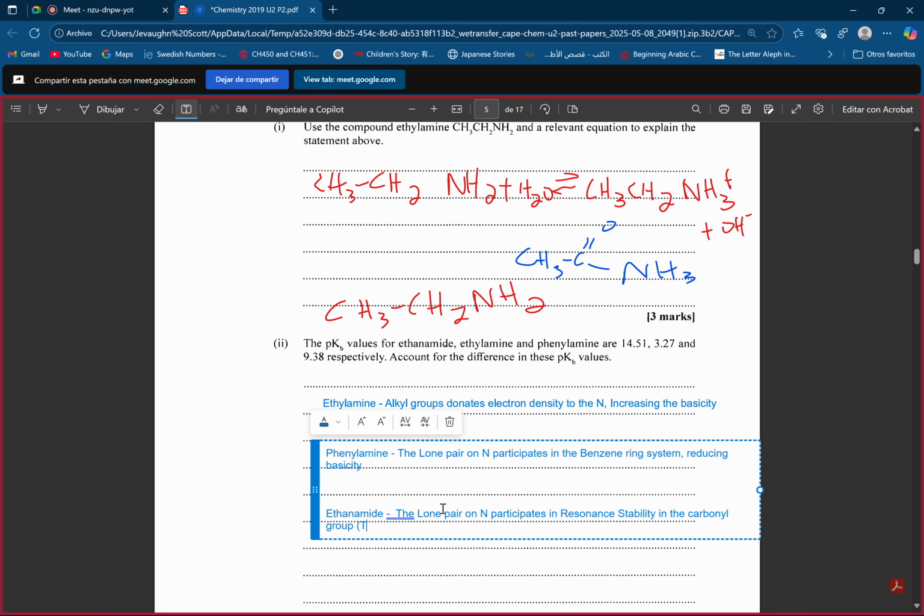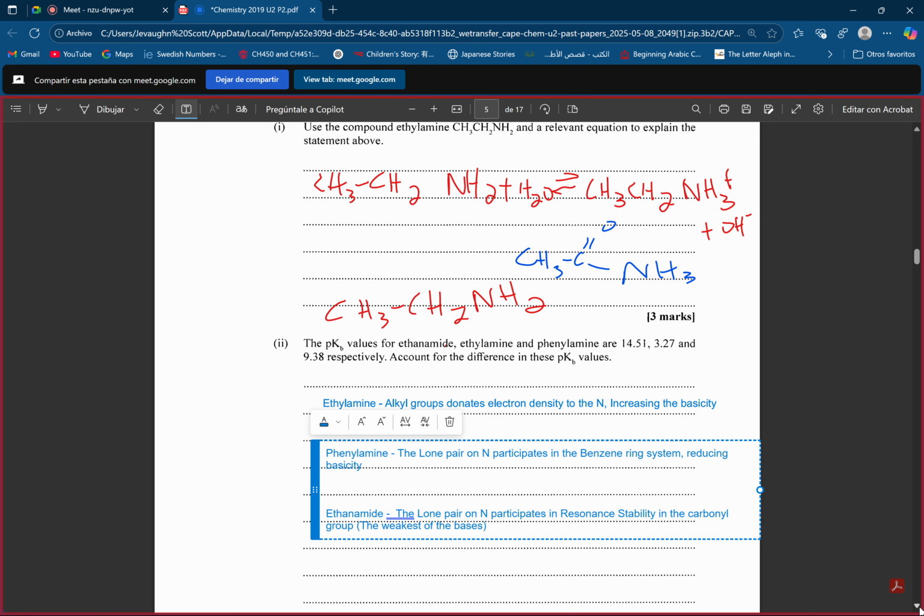This makes it the weakest of the bases. All right, so looking at stuff like that. Alrighty, so we can now move on with our lives.